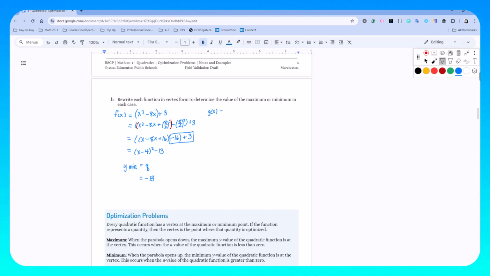G of x equals negative 2x squared minus 24x minus 100. Now this one does have an a value that's not equal to 1. So what we're going to do, we're going to factor out the negative 2 from the first two terms.